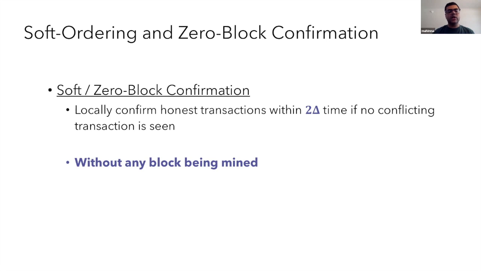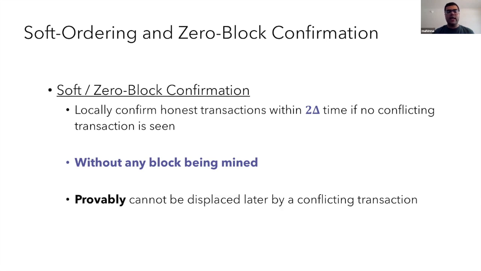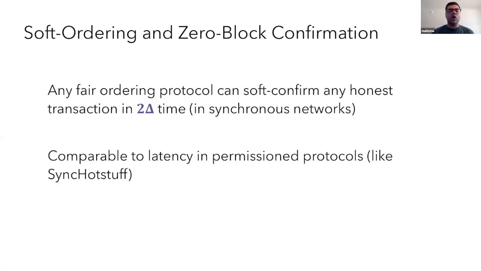Notably, this can be done without any block being mined, and we can provably show that if you have a fair ordering protocol, then you can't have this transaction displaced by a conflicting transaction, which is something that can actually happen in current systems like Bitcoin or Ethereum. So basically, all our fair ordering protocols satisfy soft ordering in permissionless settings, and you can soft confirm within 2 delta time. This is comparable to the latency in permissioned protocols, like Sync HotStuff, for example.